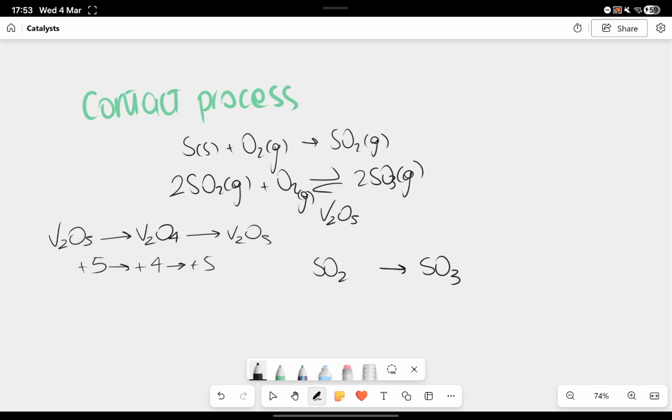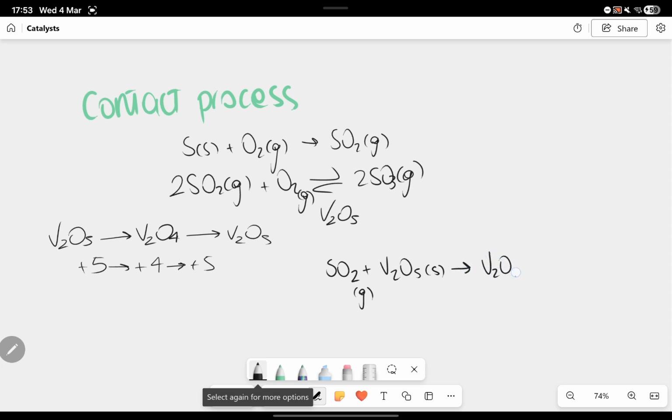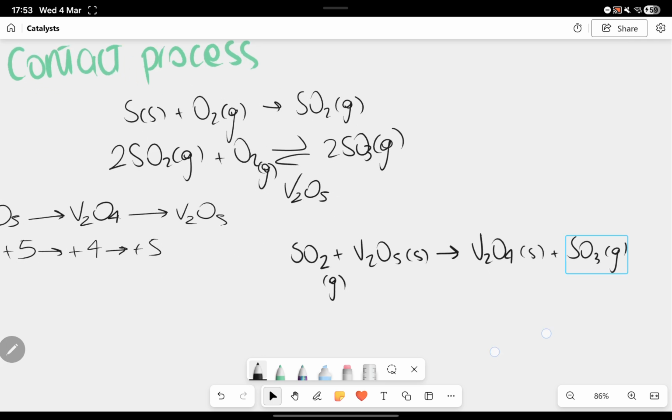In fact, this is how the steps go. SO2 plus V2O5, and remember, this is a solid, this is a gas, remember, heterogeneous catalyst, to form V2O4, also a solid, and the sulfur trioxide. Notice the changes in oxygen.